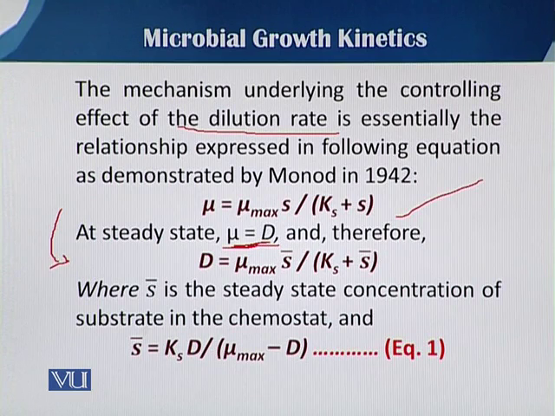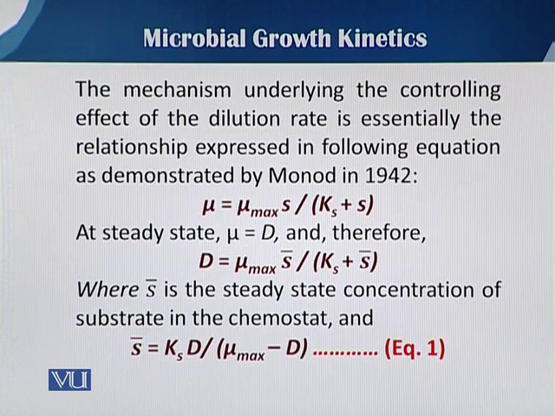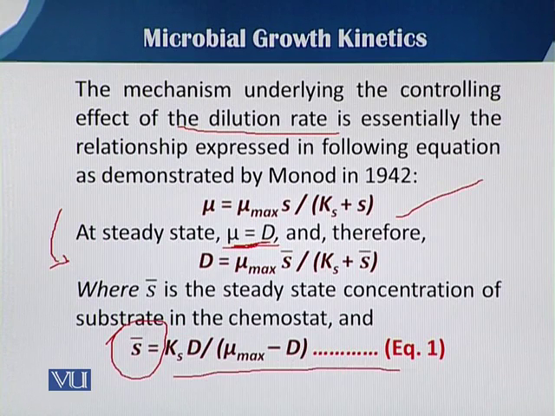If we know the dilution rate, we can easily calculate the amount of substrate at steady state by transforming this equation into this: S bar is equal to Ks times D over mu max minus D. This whole equation is just the retransformation of the previous equation.